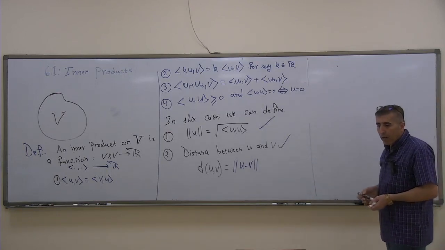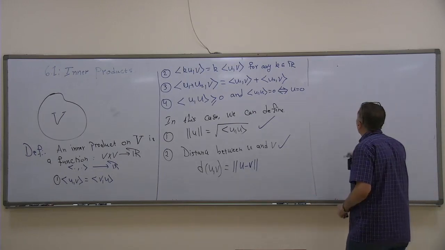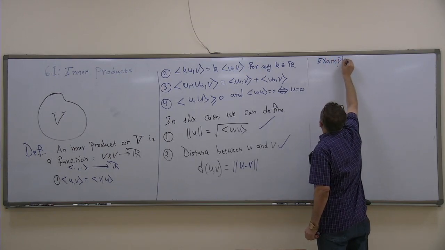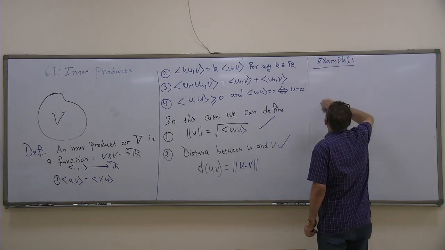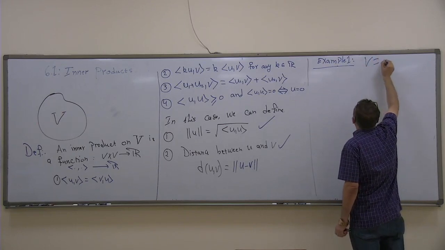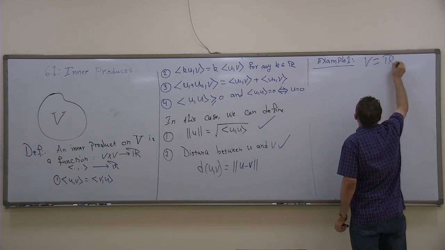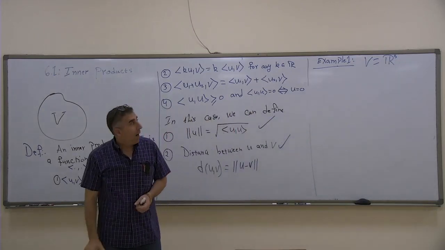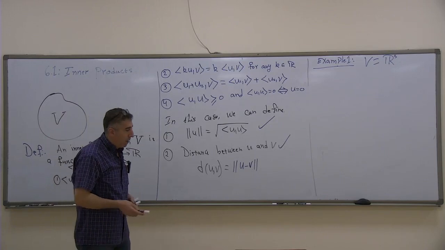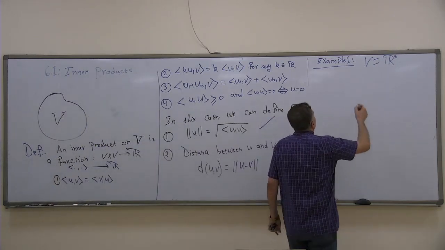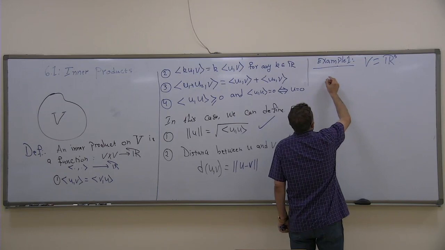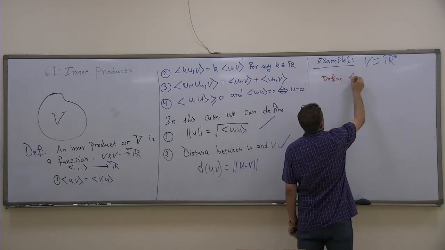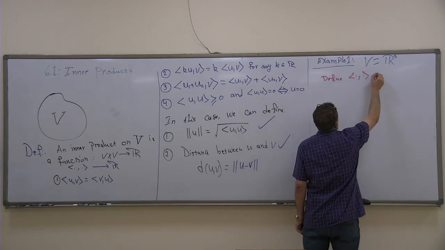Example number 1, and again I'm going to start with a very easy example. Example number 1. My vector space is R3. I want to define my inner product as follows.